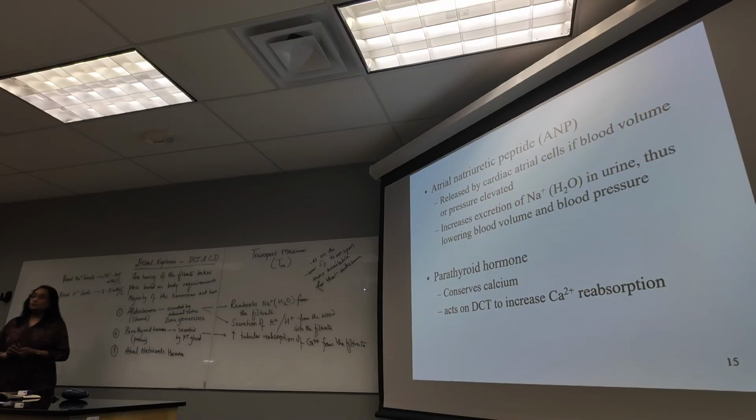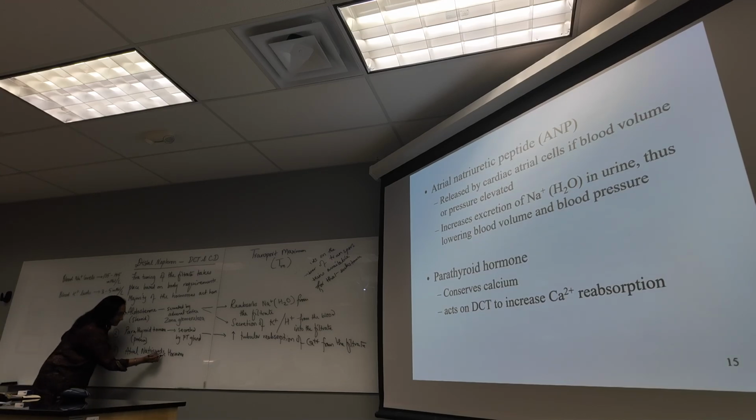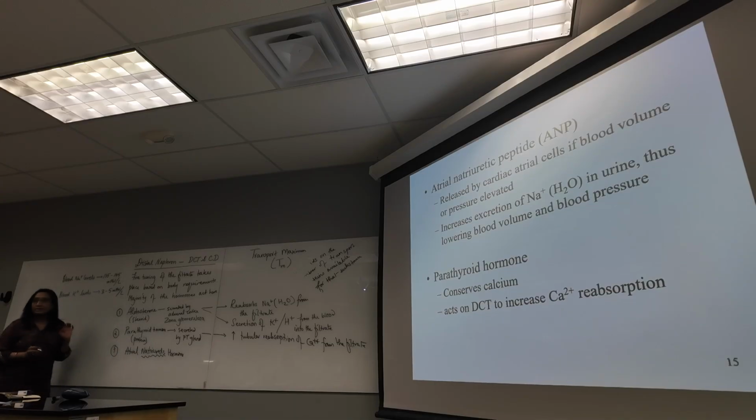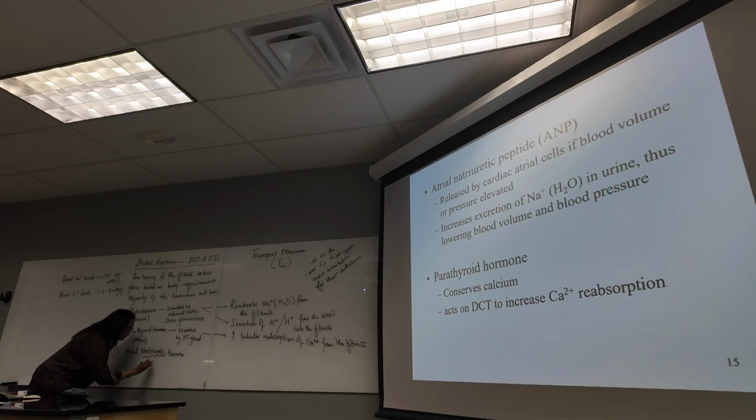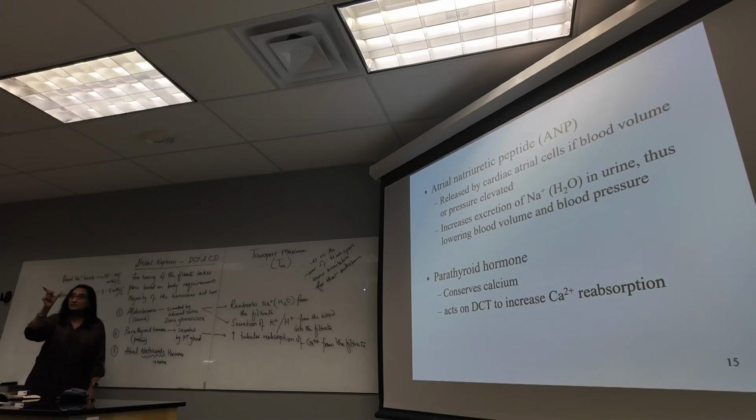Atrial natriuretic. In order to understand this word, because sometimes once you understand the meaning, it's easier: uretic means in urine, just like emia means in blood, anemia, polycythemia, hypoxemia. All that is in blood. Uretic means in urine.